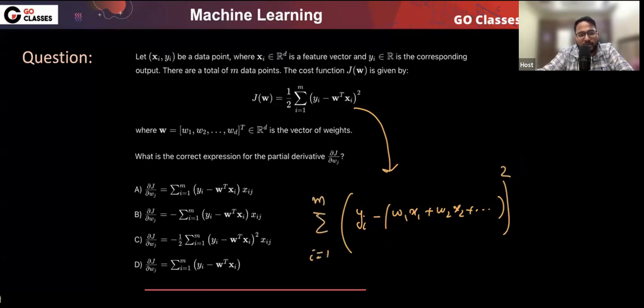So what is the correct answer here? If you differentiate this with respect to, let's suppose, W2, this whole term will come. Actually this xi is there, so let me write xi1, xi2, like this.